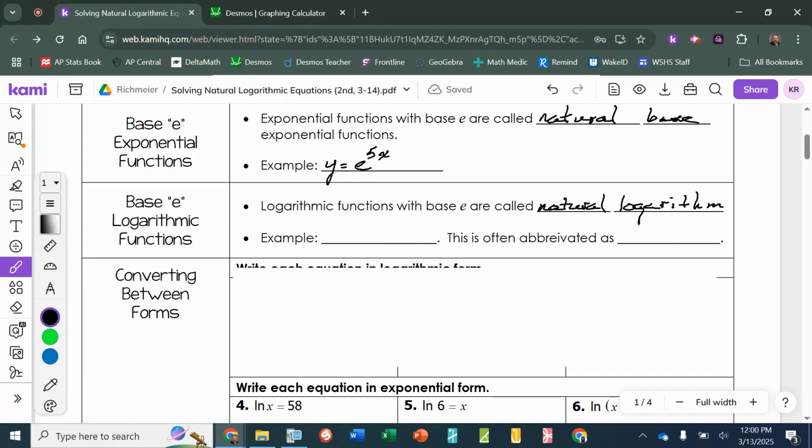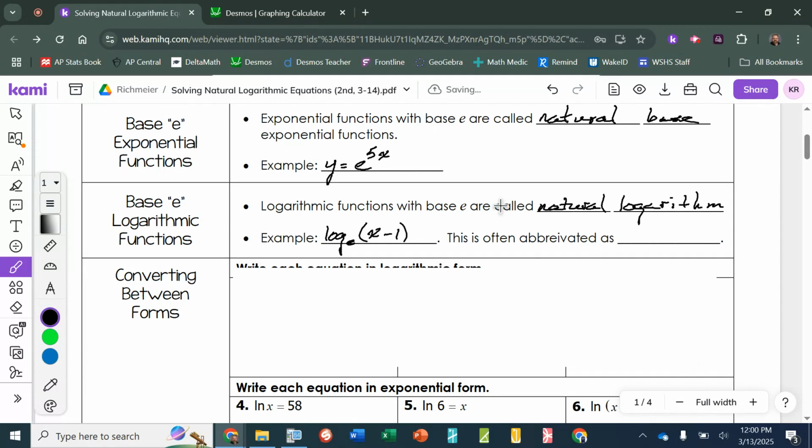For example, it could look like log base e of x minus 1. However, rarely do I ever see log base e written this way.